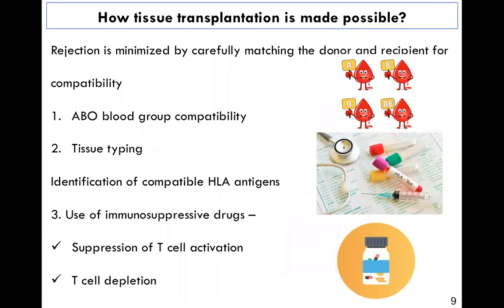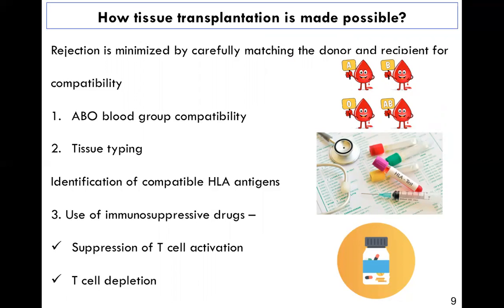So now let's try to understand how the tissue transplantation could be made possible. In order to understand how immunosuppressive drugs work, we first understand the parameters we have to consider for the possibility of the transplantation. Of course, we look at compatibility. First, at least we should have the same blood groups.